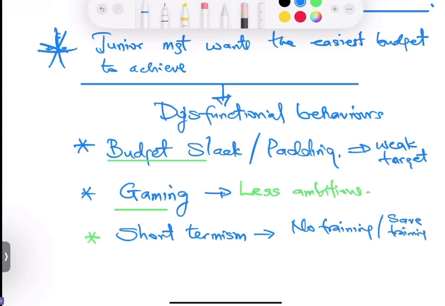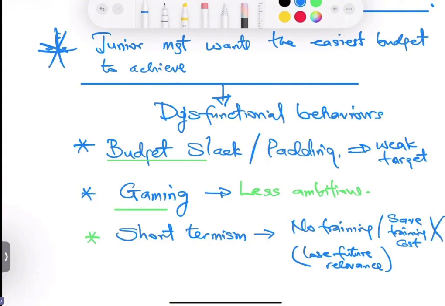But in the long run, the company will suffer because you lose your future relevance for sure. If you don't train your staff, how would they know and understand the changes in their industry?